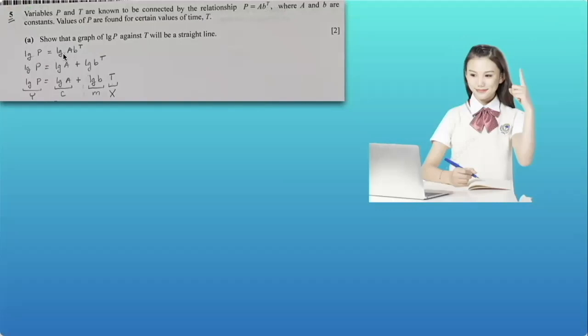And then we use one of the laws of logarithms, so we transform the log of a product into an addition of logs. Then we end up with linear form, which is y = mx + c. So there you go.